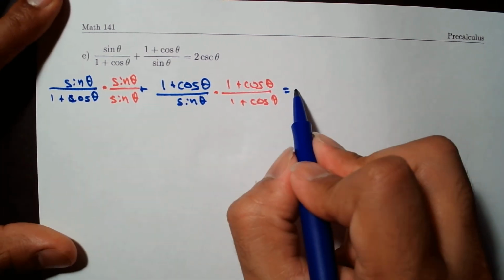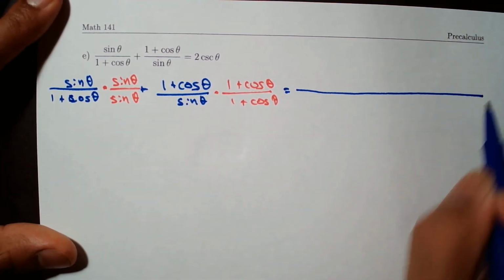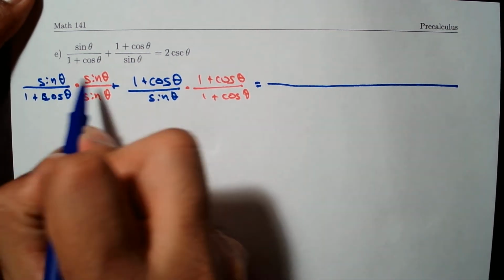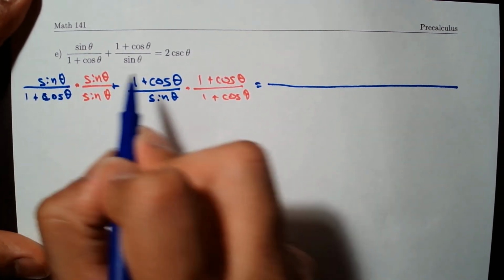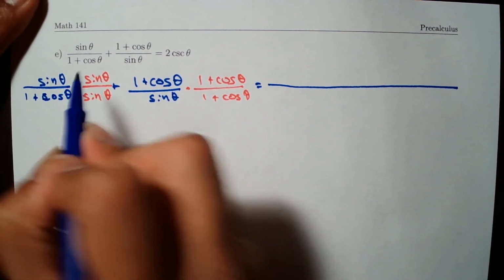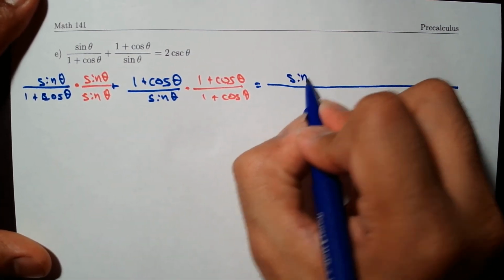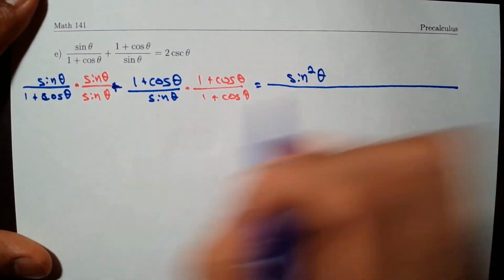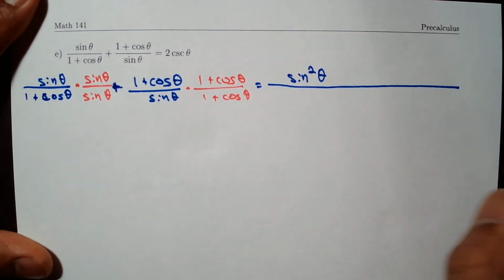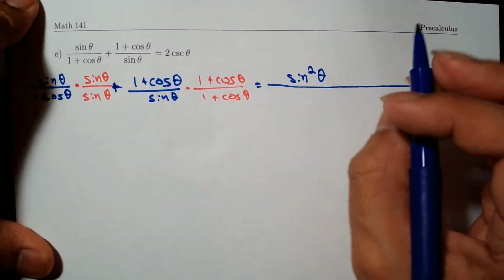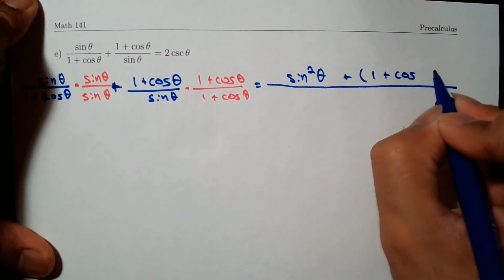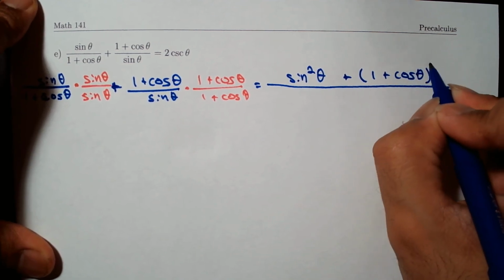I'm going to draw a huge line over here, maybe a little bit longer. We'll see. And I'm going to multiply across on each numerator of the fraction. So sine times sine is sine squared theta, plus the quantity 1 plus cosine, squared.